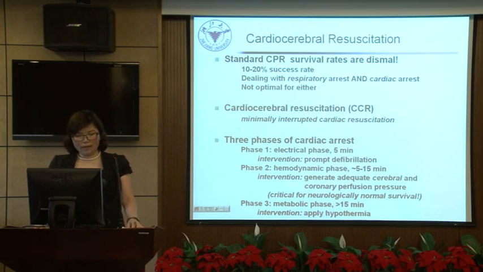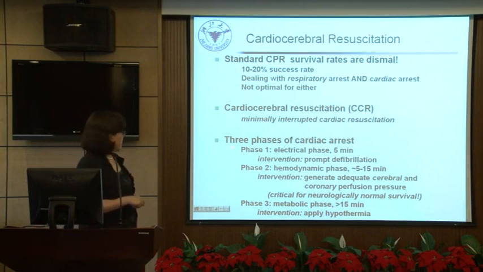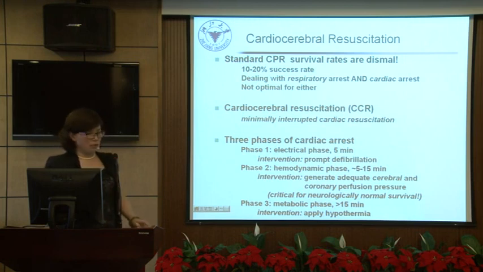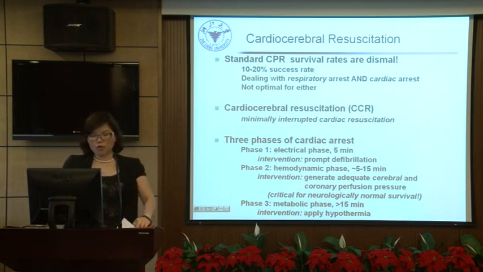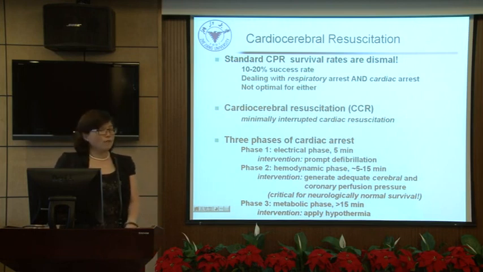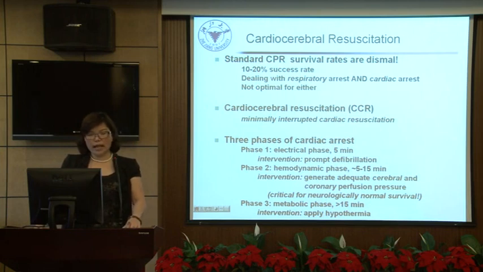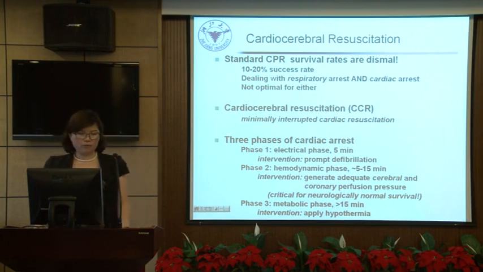There are 3 phases of cardiac arrest. Let us see. Phase 1 is the electrical phase, about 5 minutes, and the intervention is prompt defibrillation. Phase 2 is the hemodynamic phase, from 5 to 15 minutes. The intervention is to generate adequate cerebral and coronary perfusion pressure. This is very critical for neurologically normal survival.